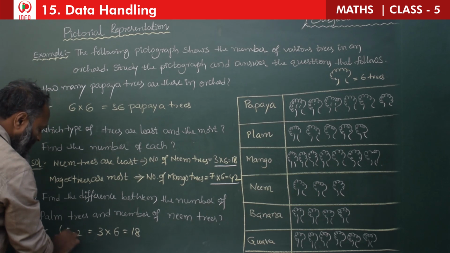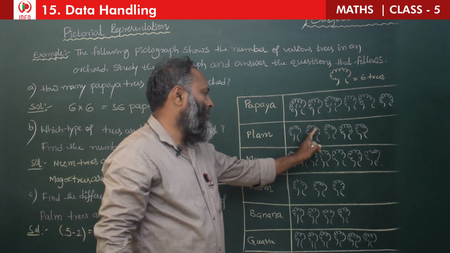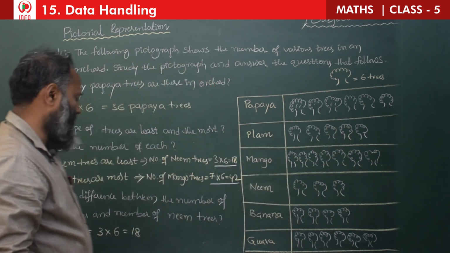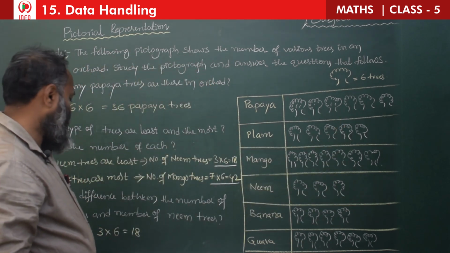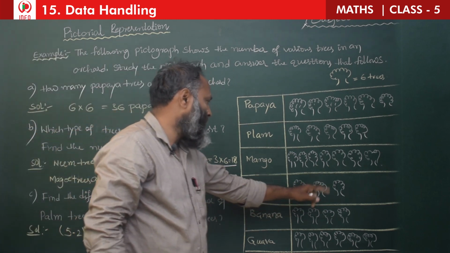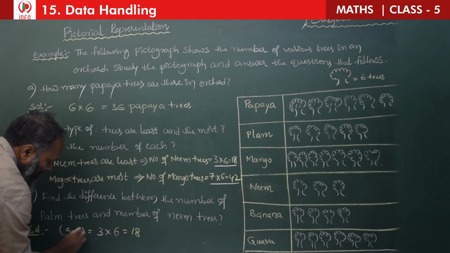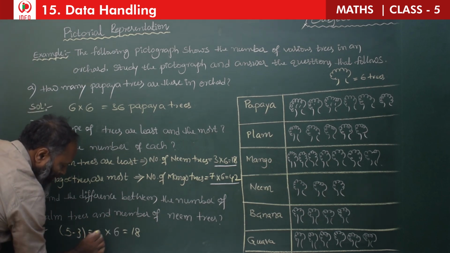First we should see how many palm trees were there: 1, 2, 3, 4, 5, 5 palm trees. And neem trees here we have 3. 5 minus 3 is 2.